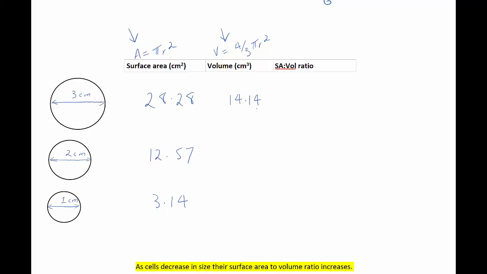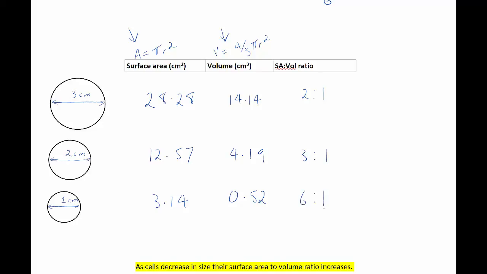Their volumes would be 14.14 centimeters cubed, 4.19 centimeters cubed, and 0.52 centimeters cubed. The ratio between the surface area and volume for each of these spheres would then be 2 to 1, 3 to 1, and 6 to 1.